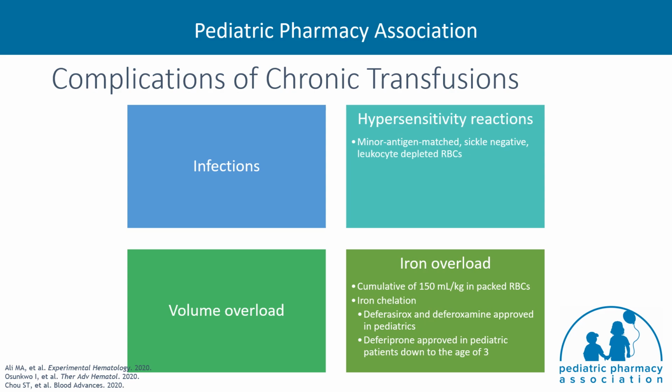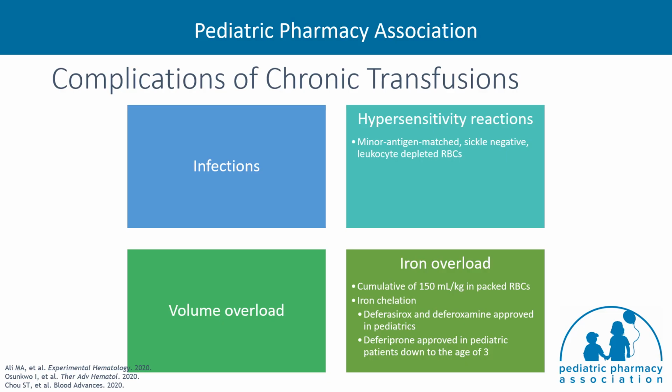However, these chronic transfusions are not without their complications. These include infection, volume overload, and hypersensitivity reactions, as well as iron overload, which will typically occur when a patient has received a cumulative dose greater than or equal to 150 mLs per kilo of packed red blood cells.